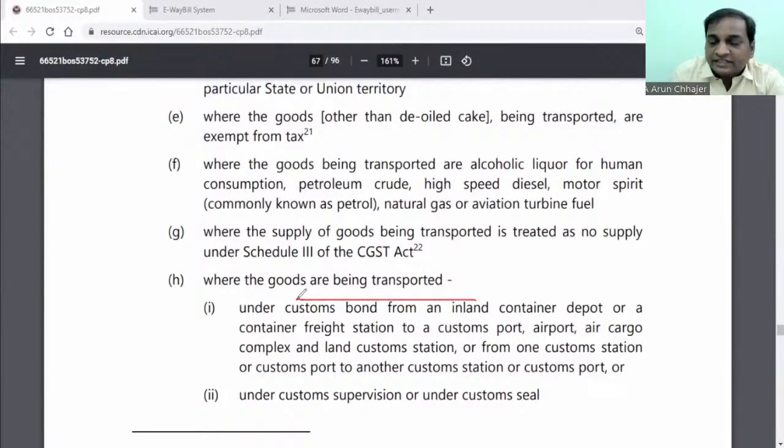When goods are being transported under customs bond from an inland ICD or customs freight station to a customs port, airport, or air cargo complex, or vice versa. Earlier we discussed from customs port to other, and here we are discussing ICD to customs port. Within the customs area, the movement does not require an e-way bill.